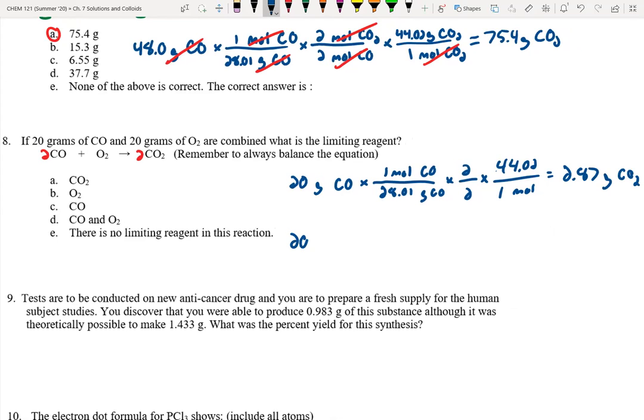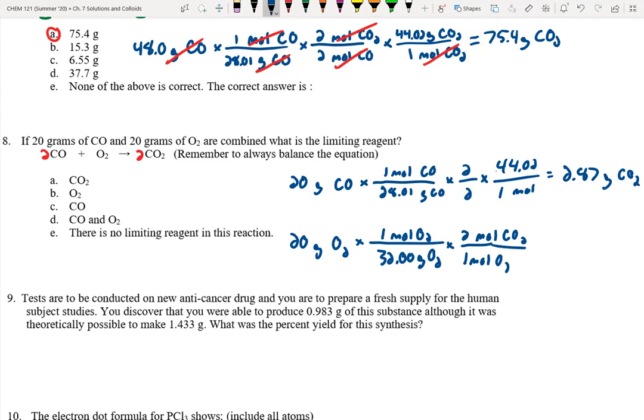So this one is saying, what if we had 20 grams of O2? Well, in this case, there's 1 mole of O2 that weighs 32.00 grams of O2. And in this case, there's 1 mole of O2 for every 2 moles of CO2.